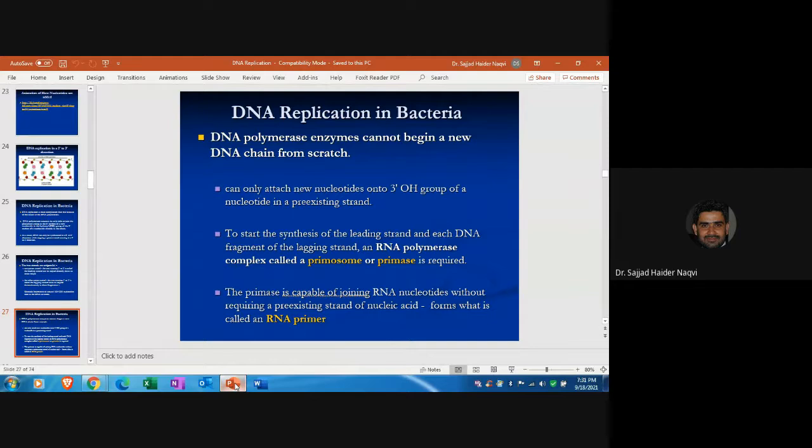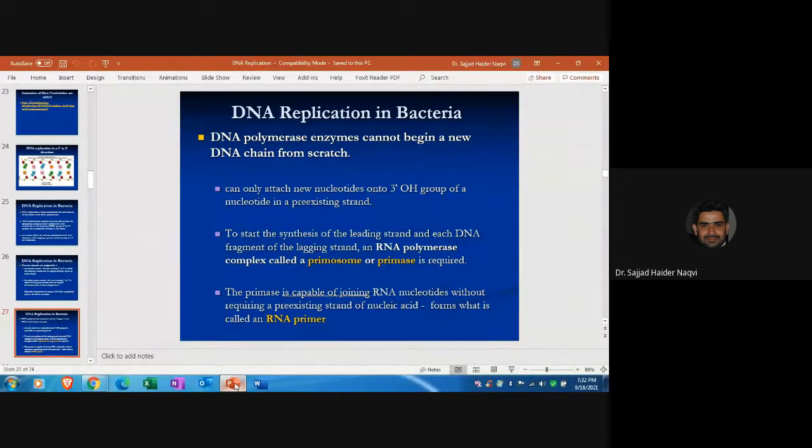So what we say is that the DNA polymerase enzyme cannot begin a new DNA chain from scratch. This is a very important point. The polymerase enzyme of the prokaryotes doesn't have this property to synthesize the DNA chain right from scratch. What does that mean? It means that the DNA polymerase cannot join two free nucleotides to make a dinucleotide, and then by using the dinucleotide, add another one to make a trinucleotide, add another one, and that makes a polynucleotide.